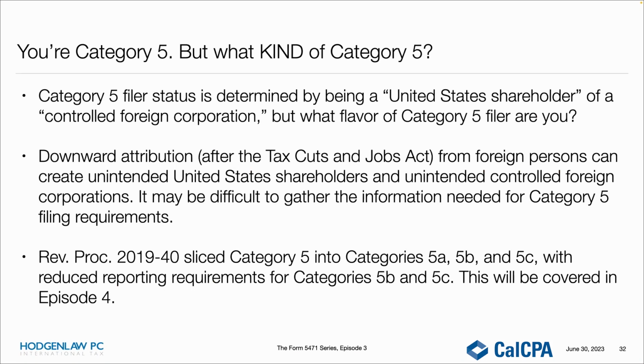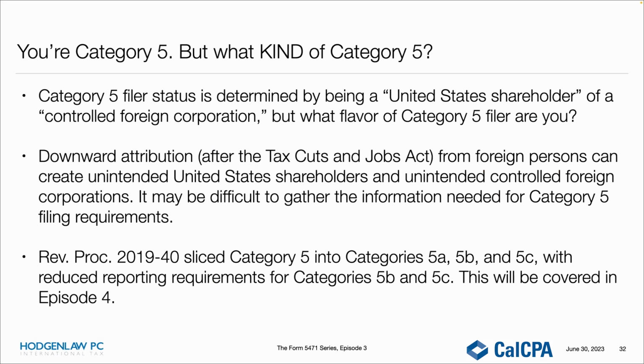And now I'd have to figure out whether Microsoft is a controlled foreign corporation, because if so, I've got some Section 951 problems, and some Section 951A problems, and some data collection problems to deal with because I have a Form 5471 filing problem. So that's the arena of how downward attribution raises its ugly head.